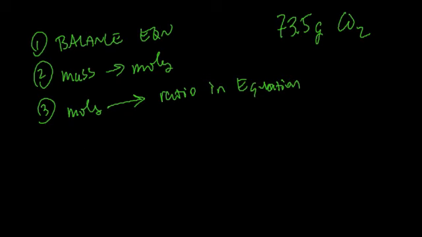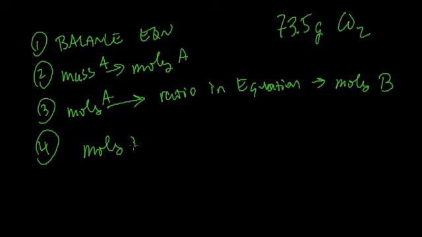After that, that should give you the moles of the other. I'll just put moles of B, and we'll do mass of A, moles of A, moles of A ratio in equation gives you moles of B, and then moles of B to mass of B. And those are your steps. So follow through that, and if you have any questions, certainly email us.